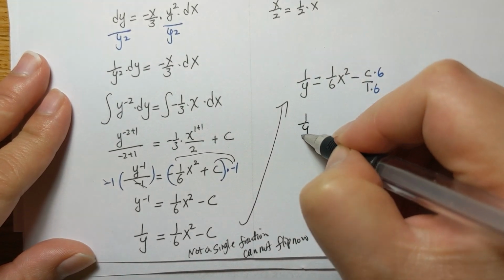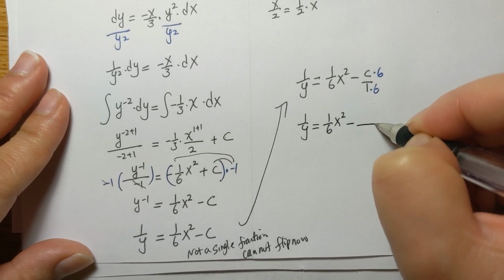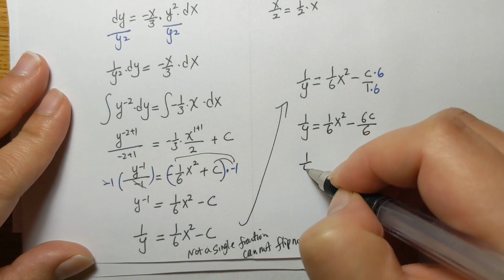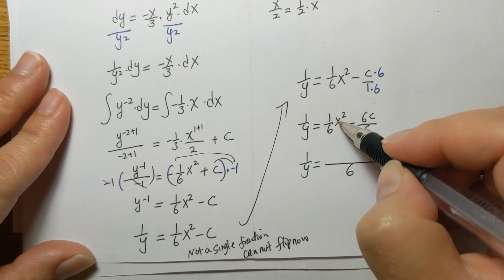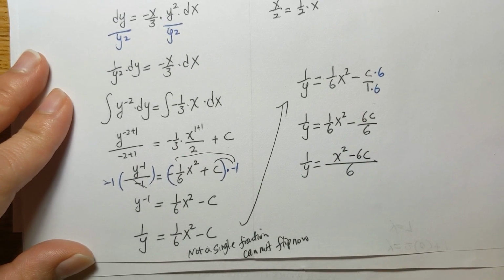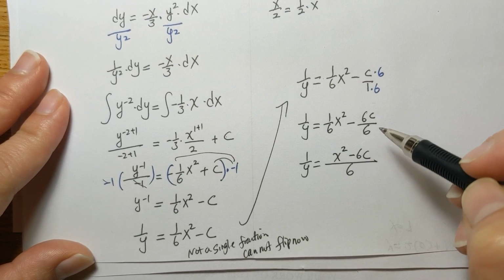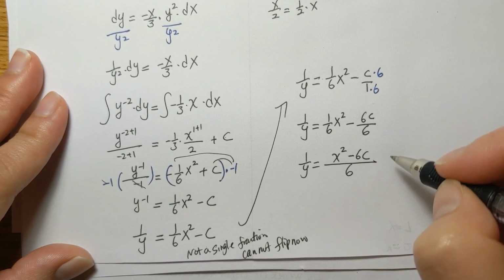So I got 1 over y equal to 16x squared minus 6c over 6. 1 over y equal to, now I have the common denominator 6, 1x squared, so it will be x squared minus 6c. Now I have one fraction equal to another fraction. Once I get this, that means I'm ready to flip.